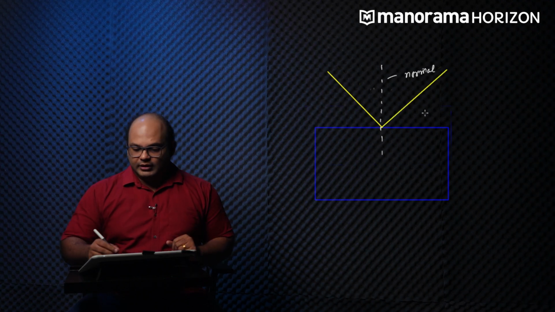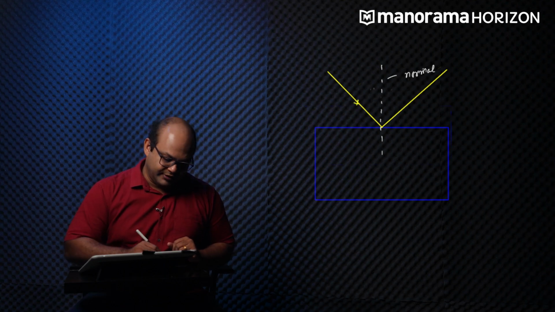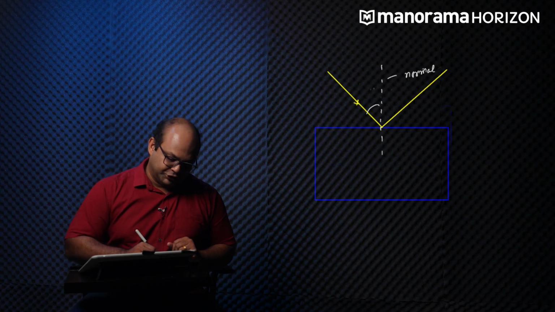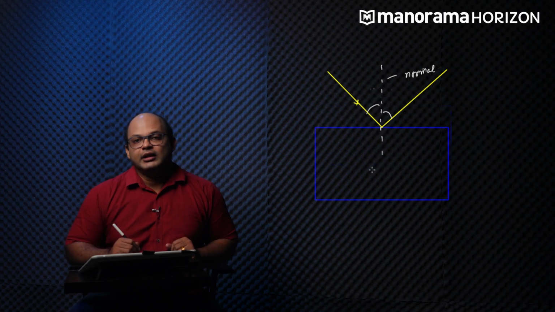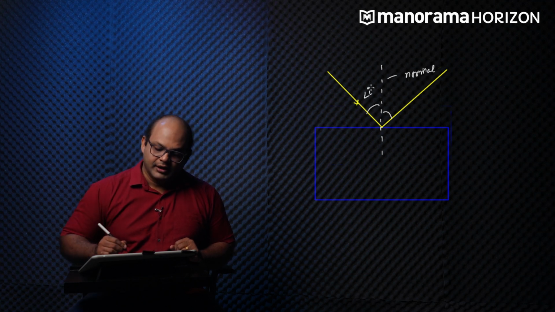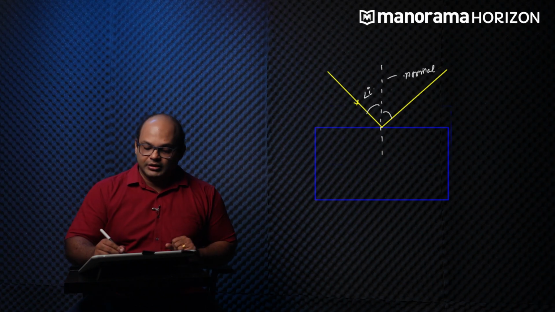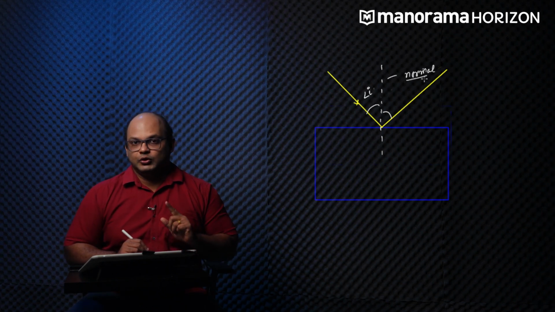If you recall the laws of reflection from earlier classes, the incidence angle, that is this angle, and the angle of reflection, which is this angle, will be equal to each other. So the incidence angle has a magnitude of I, and the reflection angle will also be the same when measured with respect to the normal.